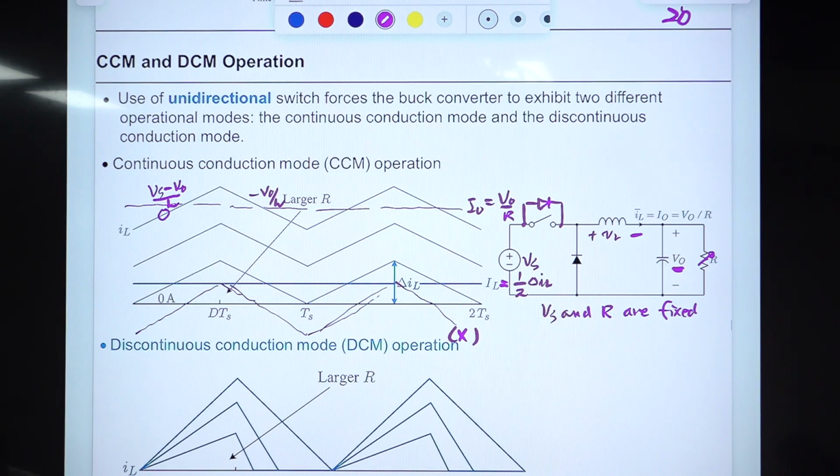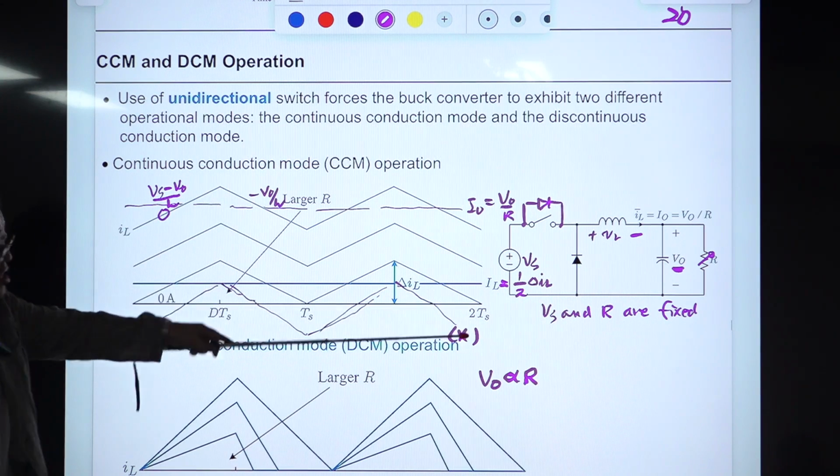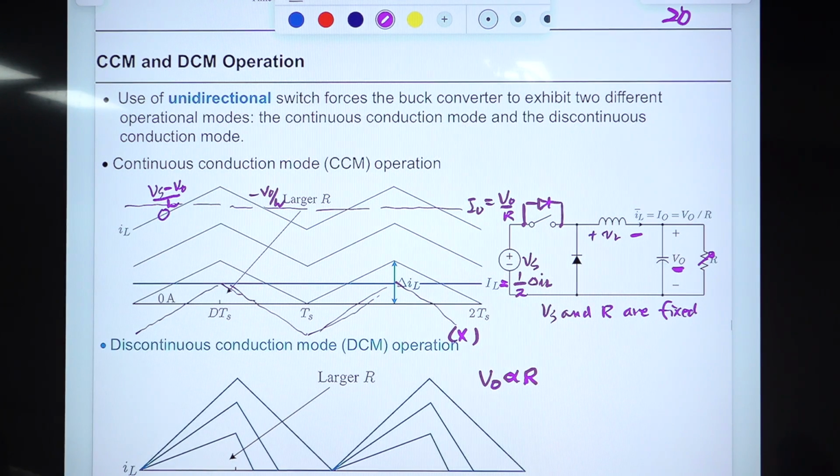The only justification for this is that the output is increased in proportion to R. This must be true, right? In this operation, the output is fixed. That means VO is fixed at... I'm sorry, this should be D. Of course D is fixed, right?